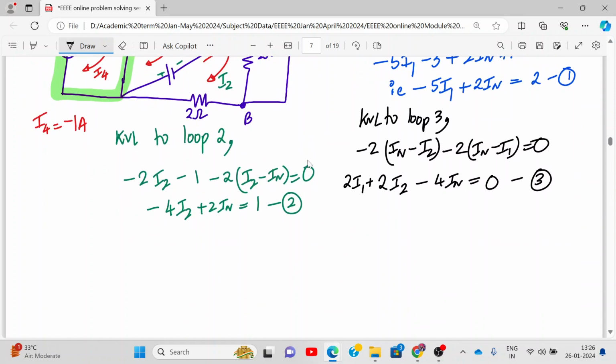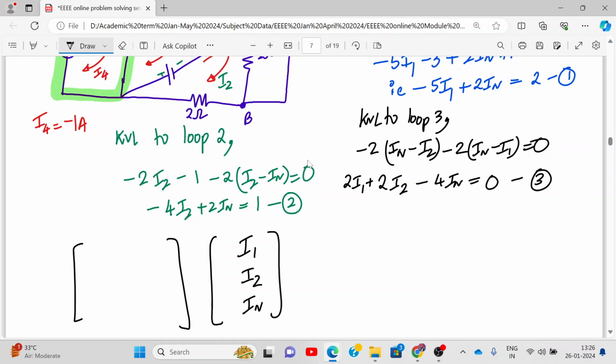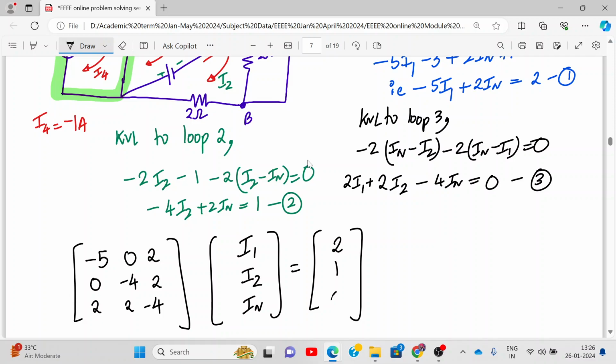Solve them together to get the answer: I1, I2, IN. Hopefully it should give you the correct answer. The matrix rows are minus 5, 0, 2, 2; then 0, minus 4, 2, 1; then 2, 2, minus 4, 0.